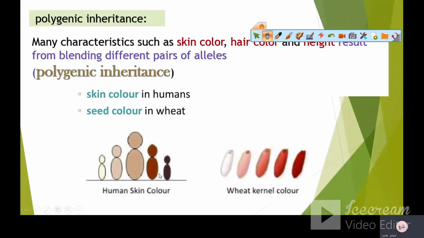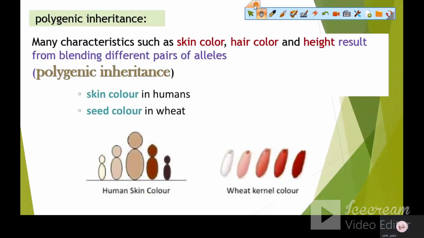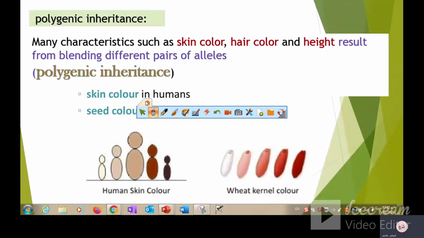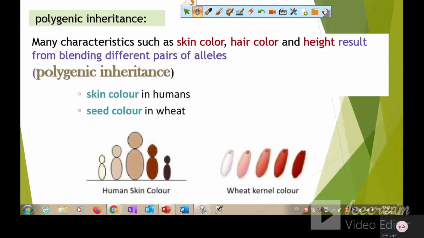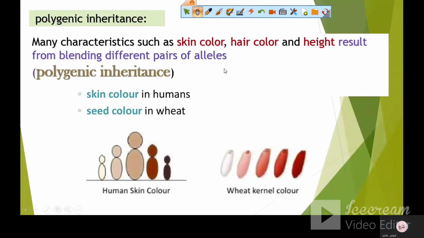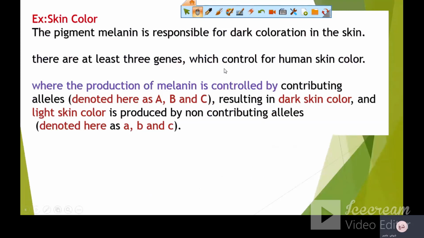Finally, what's meant by polygenic inheritance? Generally, many characteristics such as skin color, hair color, and height result from blending different pairs of alleles. If it results from blending different pairs of alleles, it's called polygenic inheritance. Let's take an example, which is skin color.